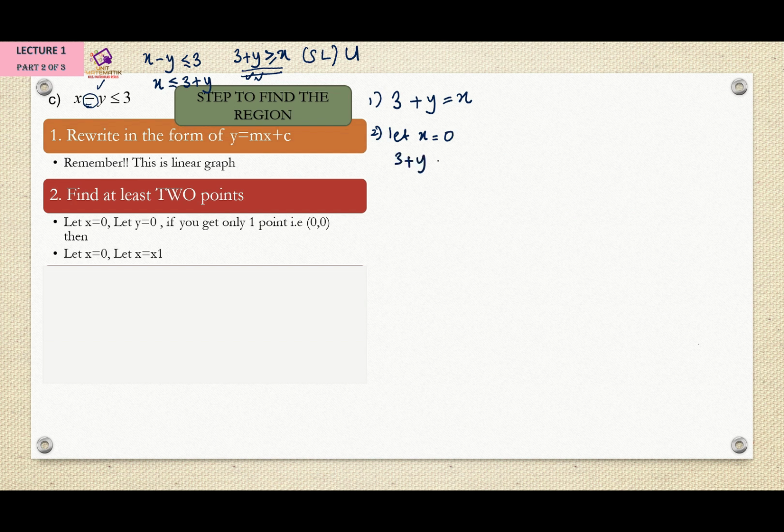So 3 plus y equals 0, y equals negative 3. So we write the first point, 0, negative 3. For the second point, we let y equals 0. So 3 plus 0 equals x, so x will be equal to 3. So 3, 0, not 0, 3. Okay, student?